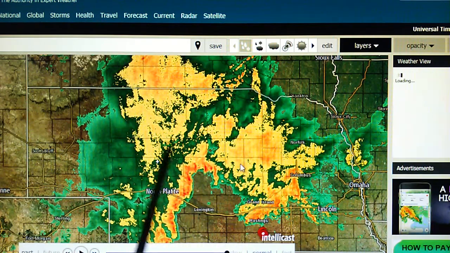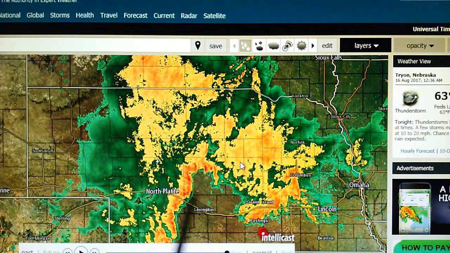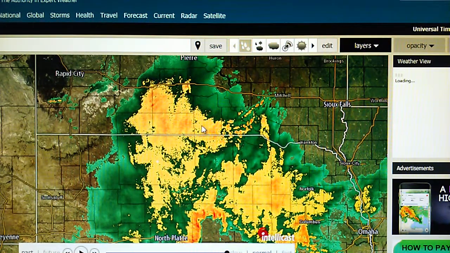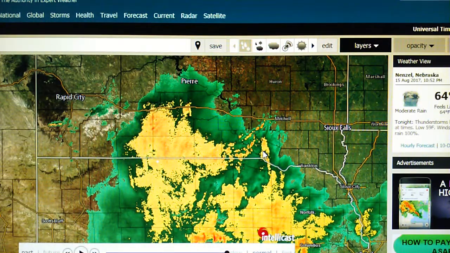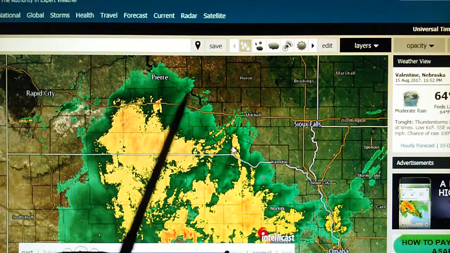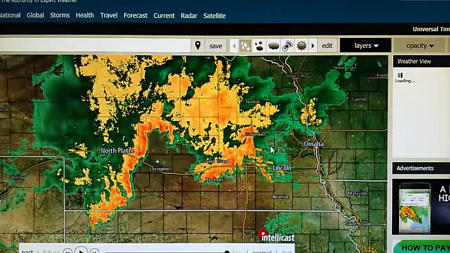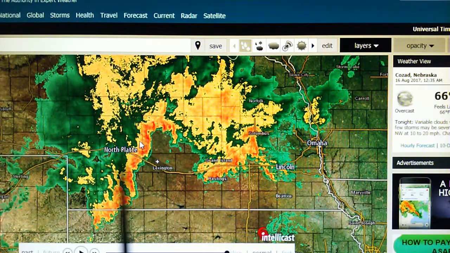Normally we would see a lot of a breakup of this precipitation, but before I made this video, I zoomed in a little bit and looked around. There are certain areas that are being chopped up. But by and large, this is being allowed to move through and dump a lot of rain.